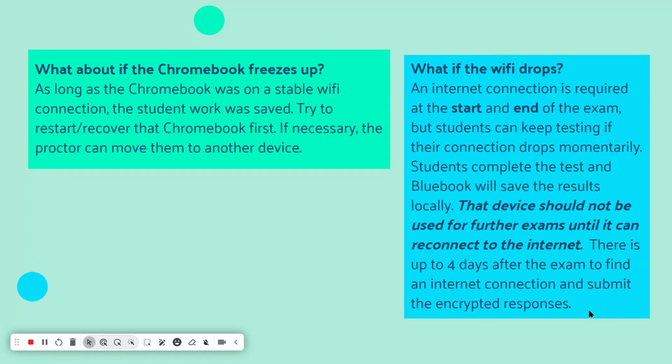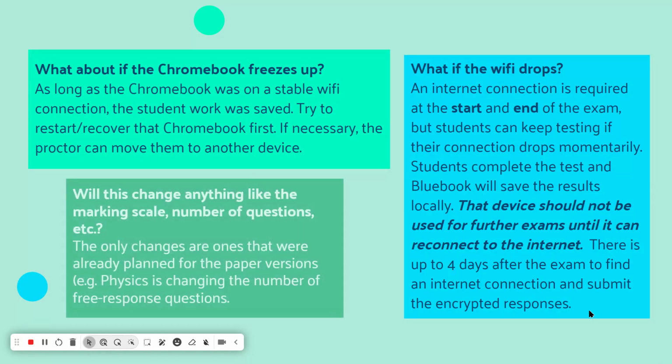Anything in between is just extra safe for making sure that we can recover work if something happens. But if things go really weird here at the school, we'll still get you to finish writing the test. And then we actually have 4 days to get internet back up and running again and get that Chromebook running again. And that's when it'll push up all of your answers and everything to the College Board. So we can take care of that.